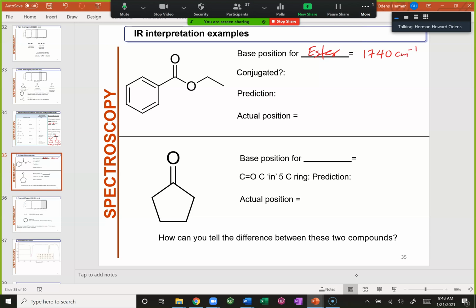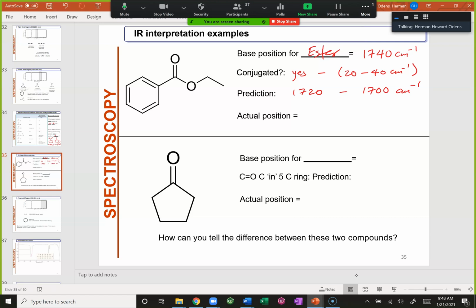Is it conjugated? Yes or no? Yes. So we need to subtract 20 to 40 reciprocal centimeters. So the prediction is that this will be in between 1720 to 1700 reciprocal centimeters.